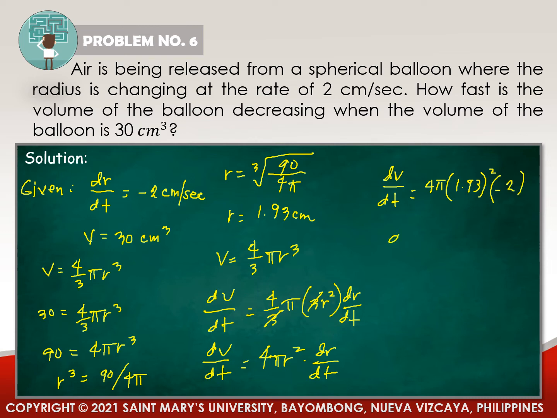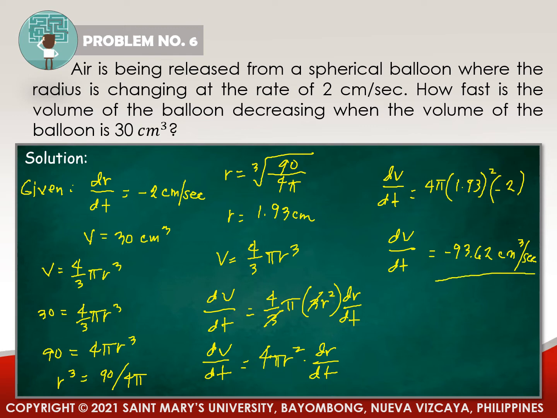So multiply lang natin yan. So 4 pi times 1.93 squared times negative 2. That will be equal to negative 93.62 cubic centimeters per second.